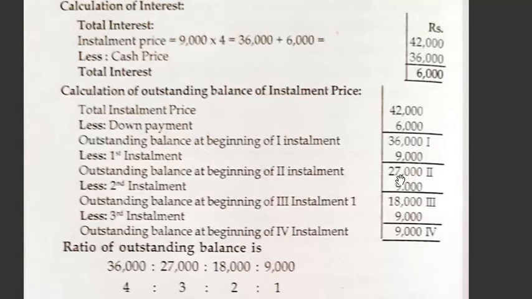So what is remaining? 27,000. In the second installment they will pay 9,000. What is remaining? 18,000. In the third installment they will pay 9,000. What is remaining? 9,000. Now the outstanding for the first, second, third and fourth installments is 36,000, 27,000, 18,000 and 9,000. Write all these down and find out the ratio.